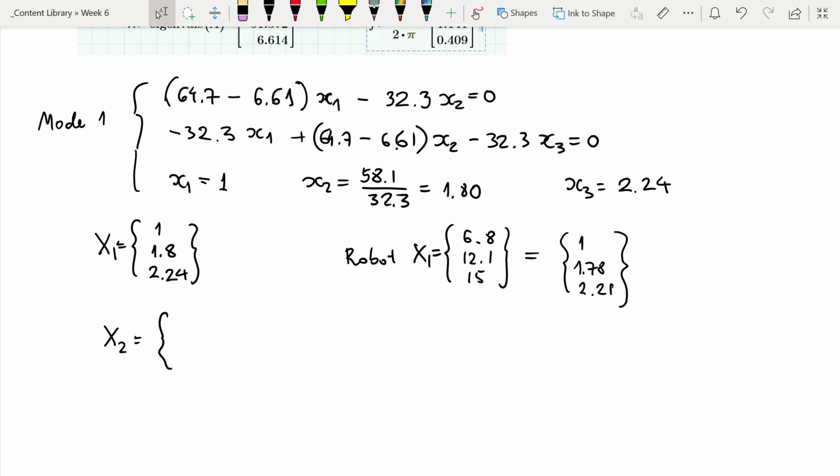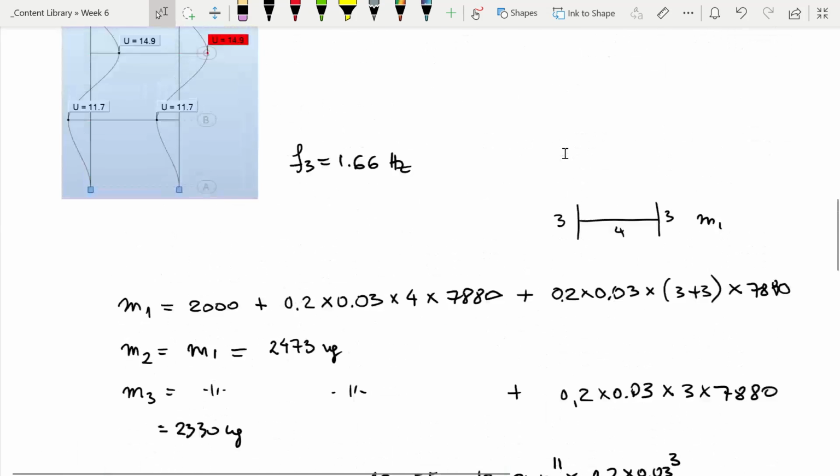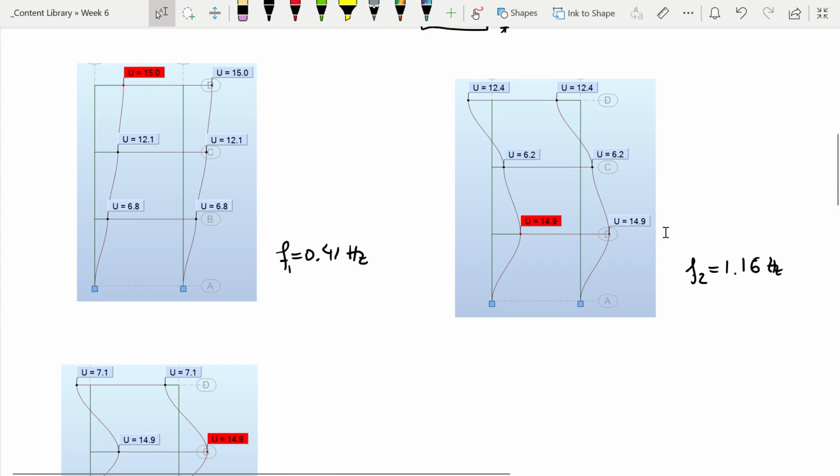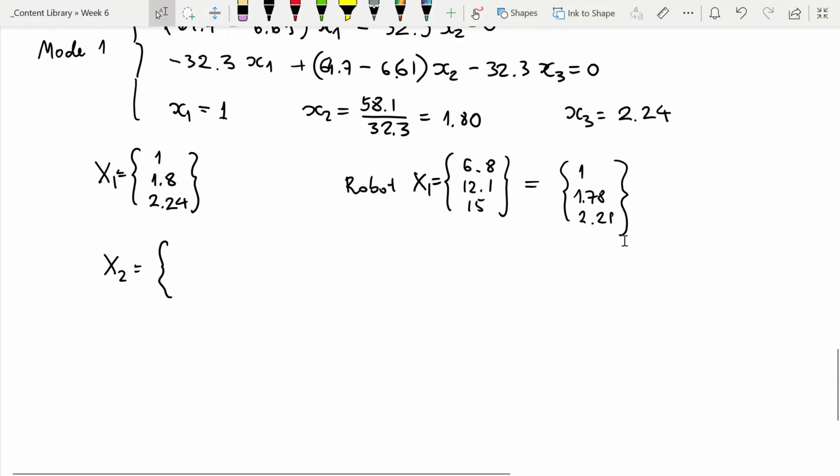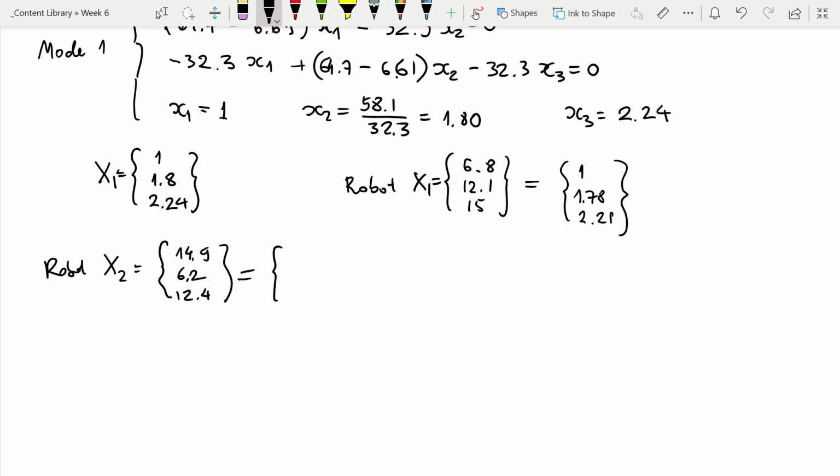And we can now say for the second mode shape, we can do the calculations, or we can see it from here. So for the second mode, it's 14.9, 6.2, 12.4 from robot. And that means we need to divide each of them by 14.9.